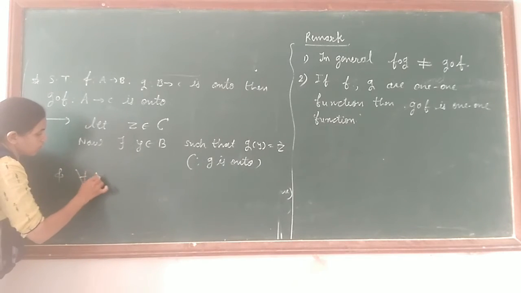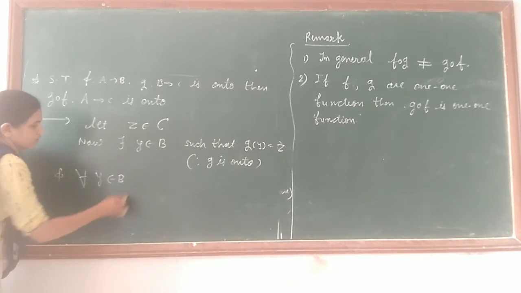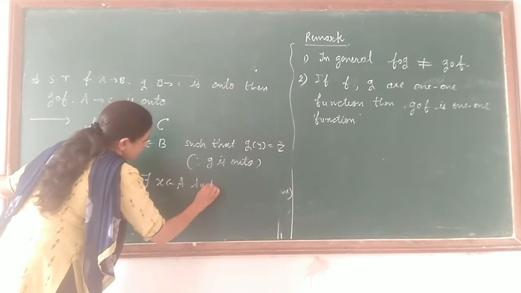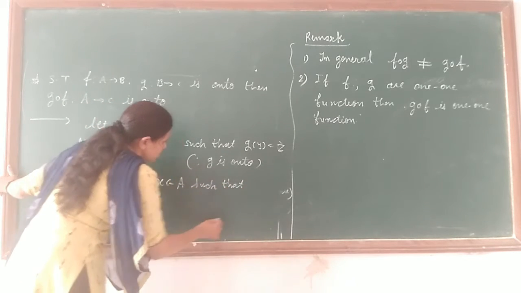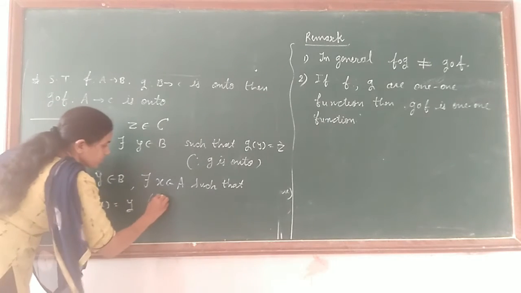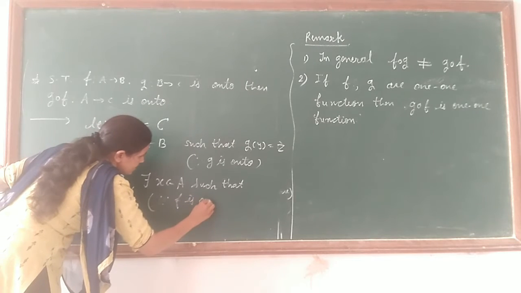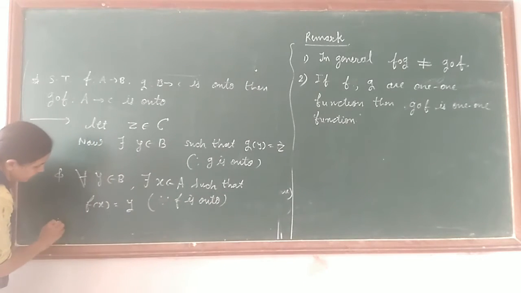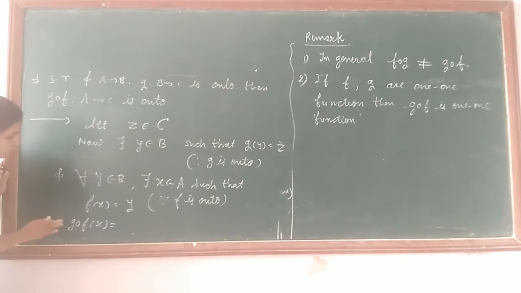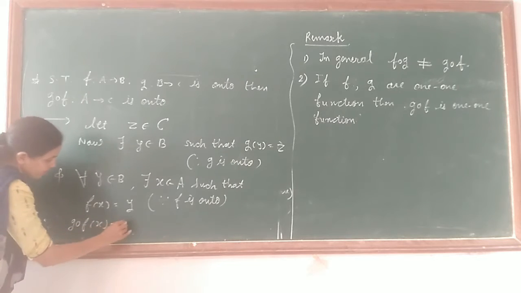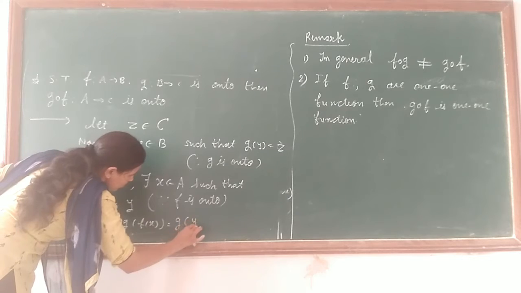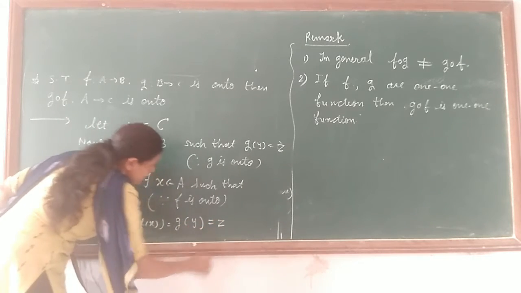And for this y belonging to B, there exists x in A such that f of x is equal to y. Reason: f is an onto function. And therefore what can happen with g of f of x? So g of f of x is equal to g of y, which is equal to z.